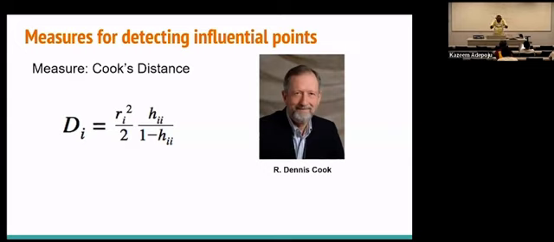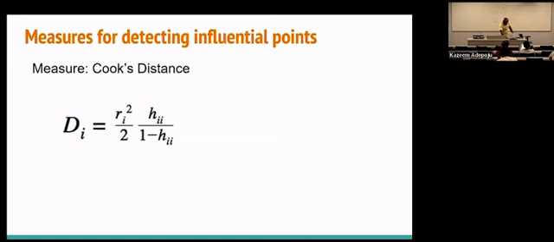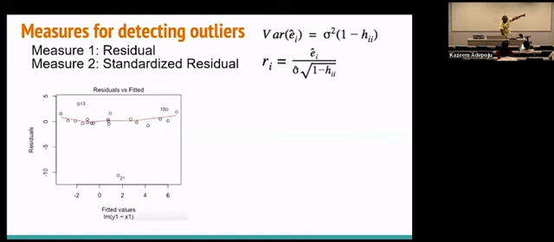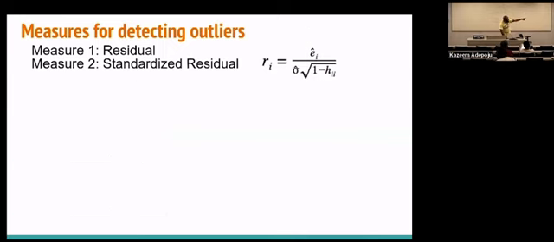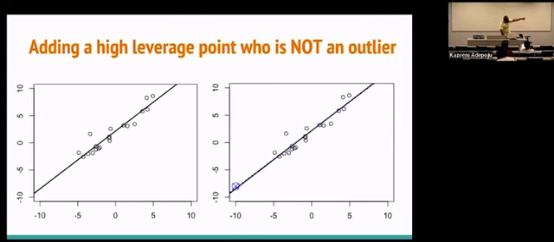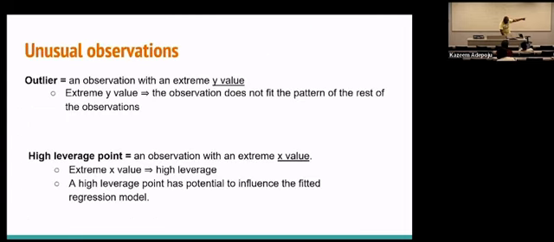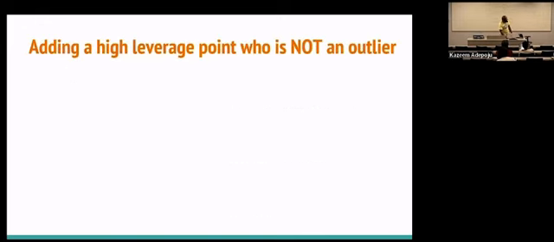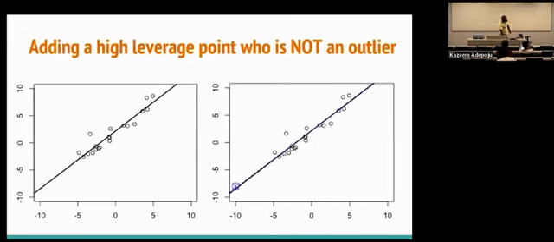It provided a threshold. Take a look at that. Look at Di, Ri squared, which means he is using a combination of what we have before: Ri from the standardized residual, and the HII, which I'm going to show you.